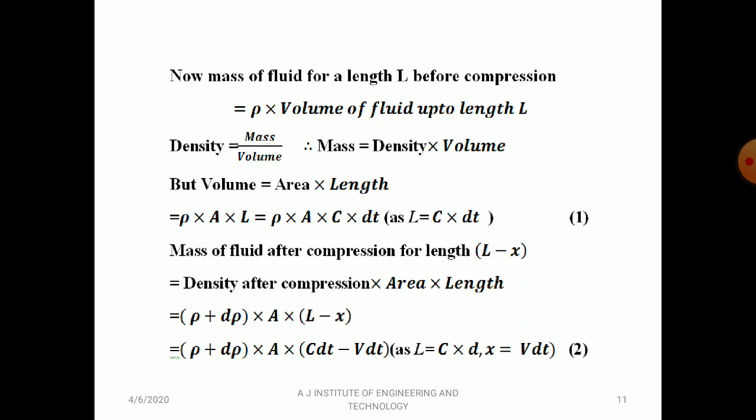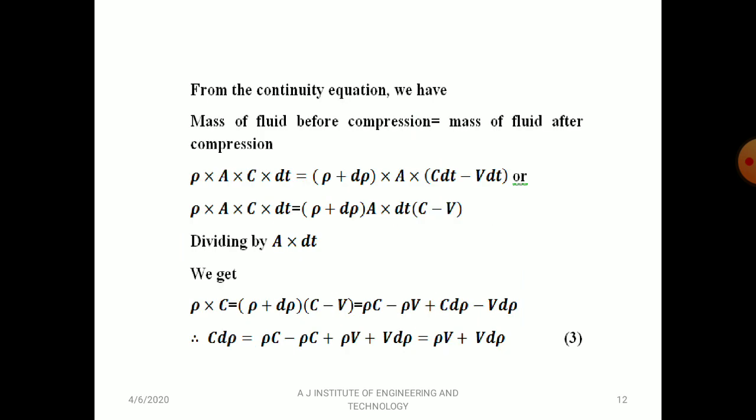So the overall expression becomes rho plus d rho into A. In place of L, you can substitute C dt, the distance traveled by the sound wave. In place of x, you can substitute V dt, the distance traveled by the piston. So C dt minus V dt, as L equals C dt and x equals V dt. Take it as expression 2.